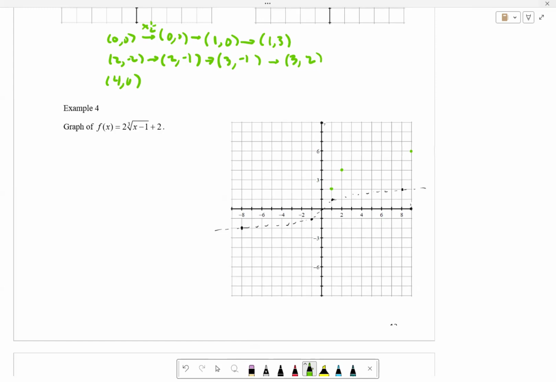So this point here, -1, -1. So the next point would be 0, 0, I'm pretty sure. Yeah, so stretches by a factor of 2, then right 1, up 2.